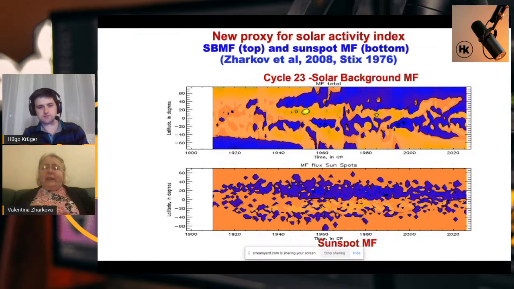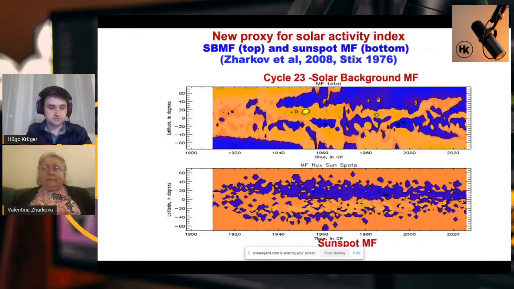What we found is that actually this background field has the upper hand. It shows where the sunspots could appear on the surface and how they can migrate. Remember, the sunspots appear on the surface and they need to migrate to the equator, and this route is prescribed to them by this background magnetic field.